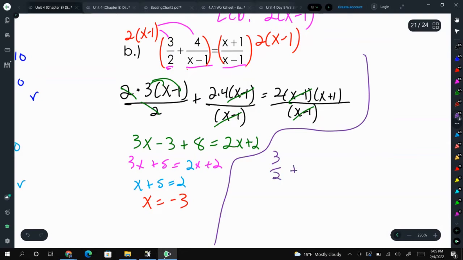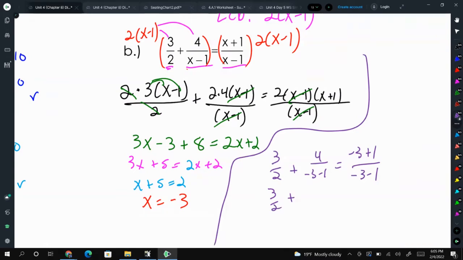3 over 2 plus 4 over negative 3 minus 1 equals negative 3 plus 1 over negative 3 minus 1. So 3 over 2 plus 4 over negative 4 equals negative 2 over negative 4.